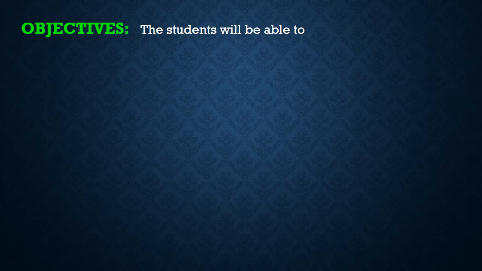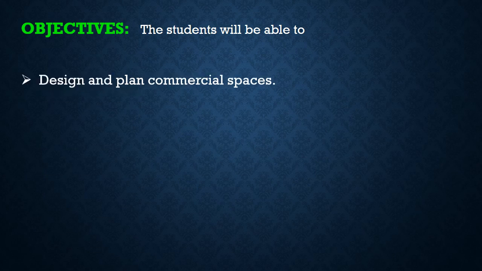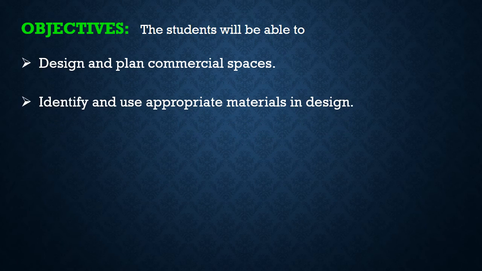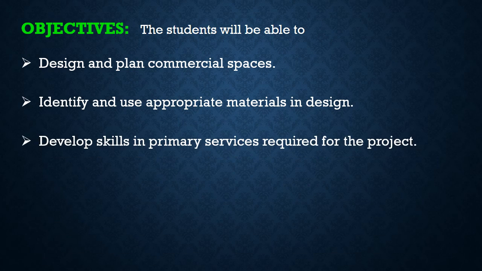The objectives of the subject are that the student will be able to design and plan various types of commercial spaces, identify and use appropriate materials required for planning any type of interior design project, and develop skills in primary services required for the project, like plumbing services, carpentry services, and electrification services.